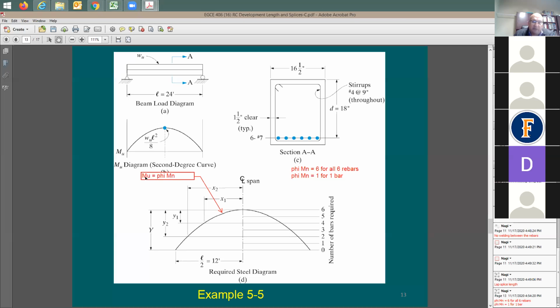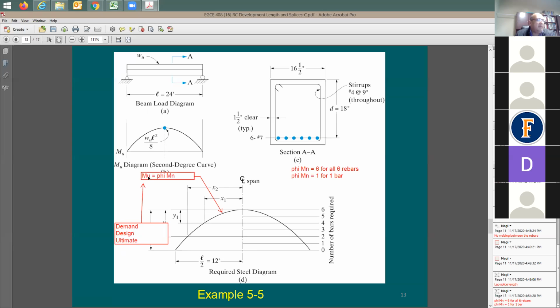This is going to be the demand, and this is going to be the capacity. This one we call the ultimate or the design moment, right? I have a few names for it. M sub u, I call it the demand, the design moment. Do you have another name for it? Ultimate moment. So what's the ultimate moment?